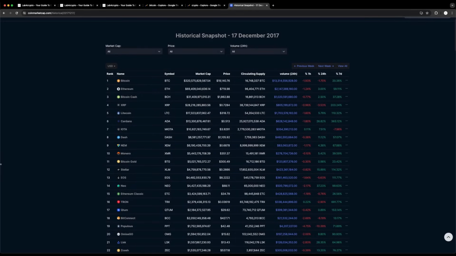And that means the chance of these coins revisiting their all-time high is really, really low. And therefore, people that accumulated these altcoins and just held them for the next bull cycle probably already lost their money.